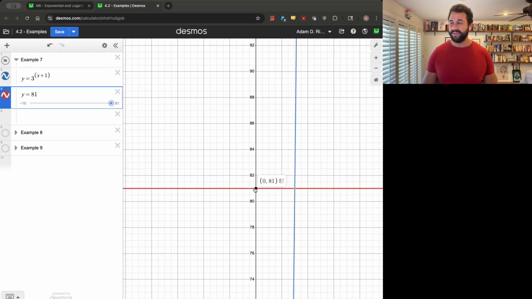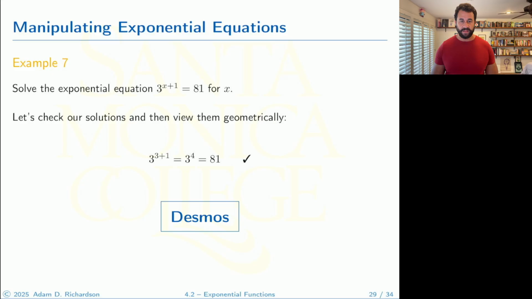There it is. y equals 81. Where do those two graphs intersect? Right at this point when x equals 3, which is exactly what we just found algebraically, right? 3 to the 3 plus 1 is 81. And that's what it looks like geometrically. All right. Let's do the next example.